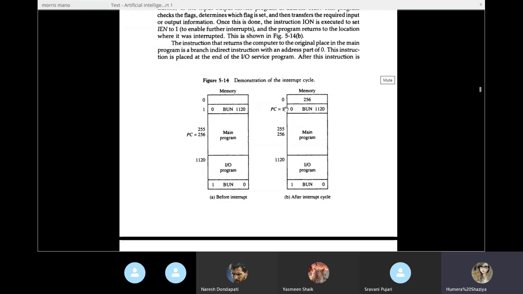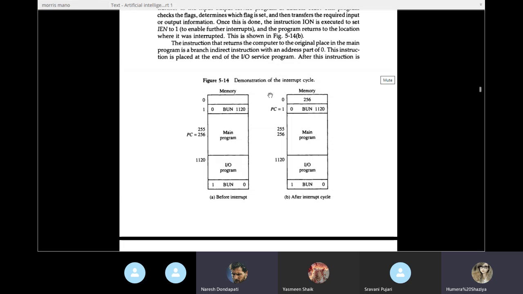0 means direct address, BUN means branch unconditionally, 1120 is the address where it has to jump. So it jumps to 1120 and executes the IO program. Then here 1 means indirect address, BUN means branch unconditionally, and 0 means the 0th address.